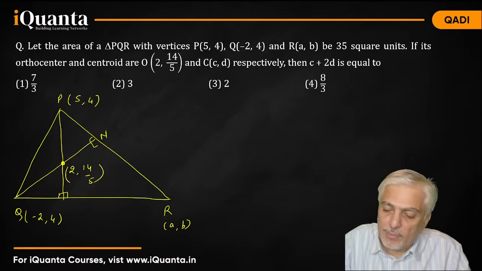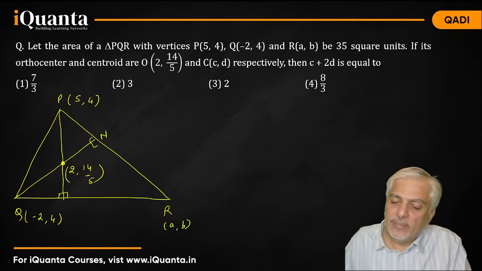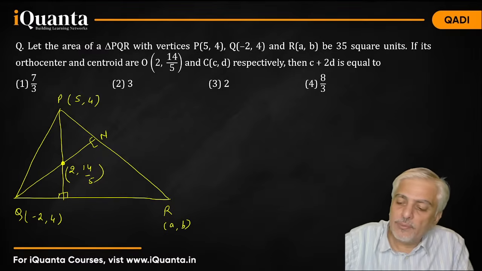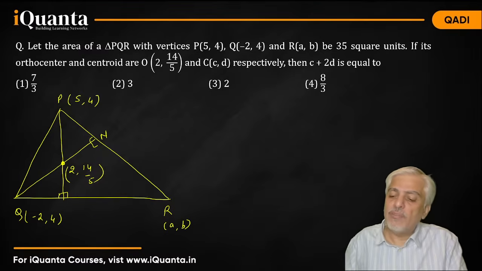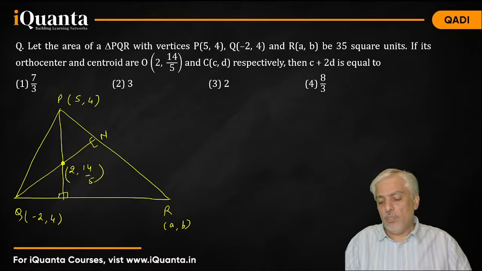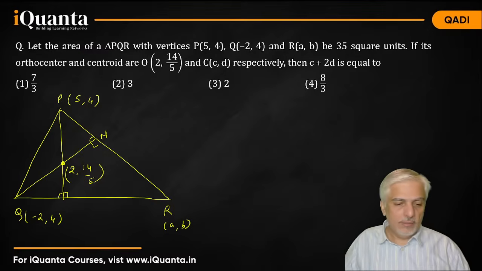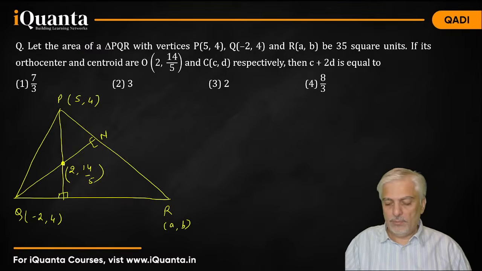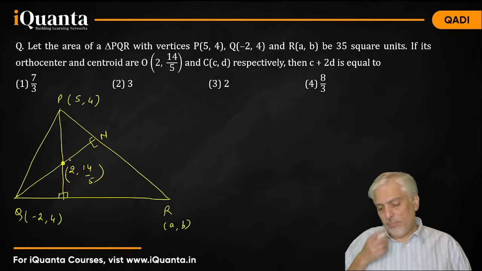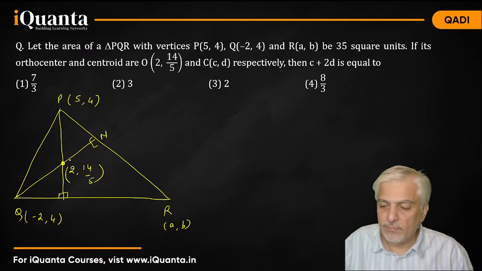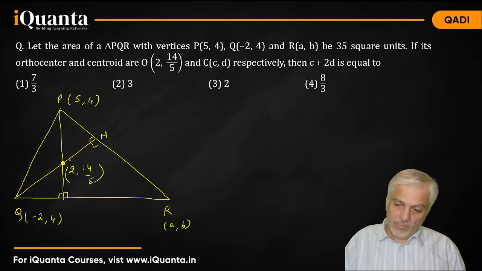I can see only a couple of people raising their hands. 3 people have got it. Okay, let's see. What about the others? Somebody saying third. No, third is not the answer.